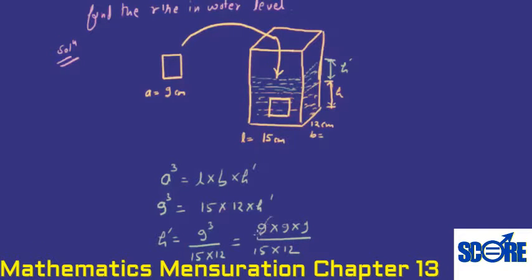Now we cancel with 3 once, again we cancel with 3. So 9 into 9, that is 81, divided by 20, we get 4.05 centimeter. So the increase in the water level in the rectangular tank is 4.05 centimeter.